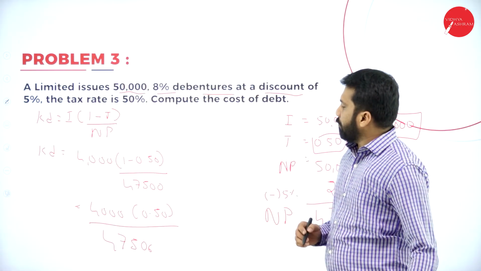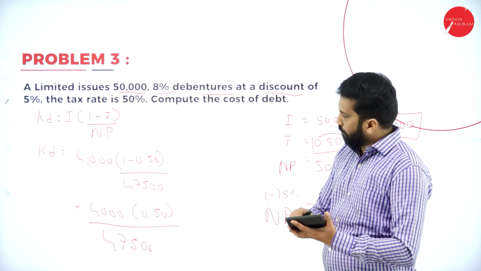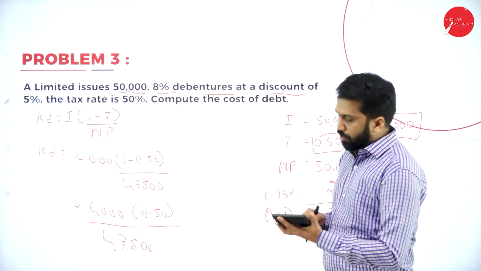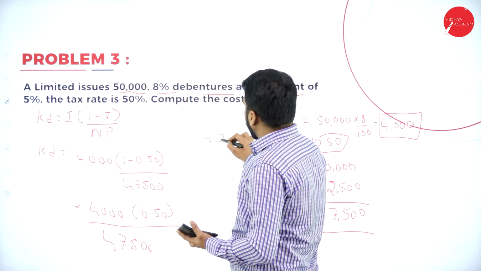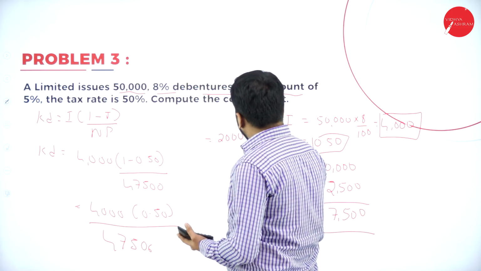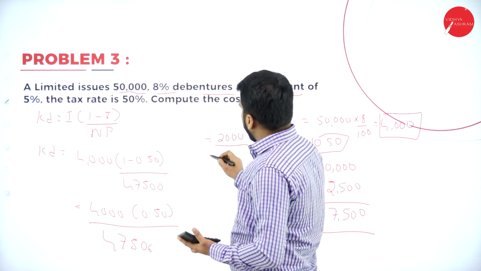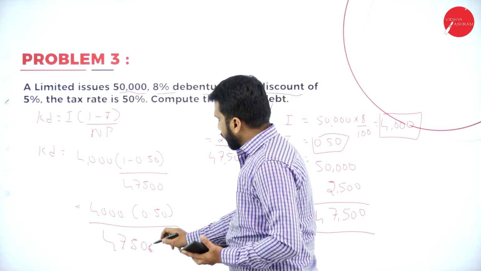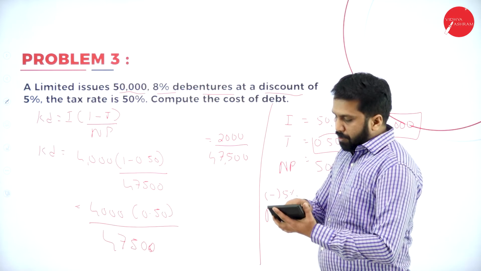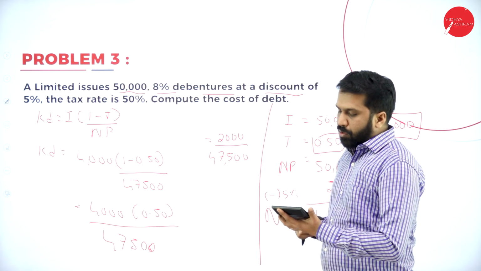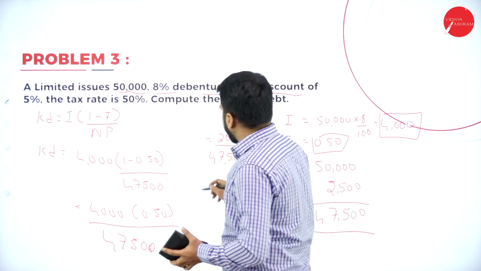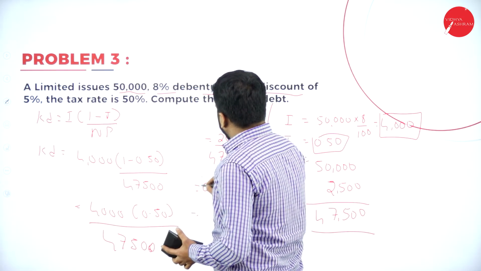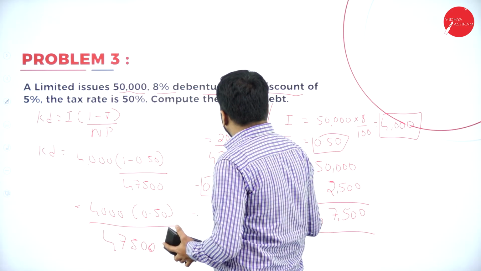Now still we simplify this. How much is it? 4,000 multiplied with 0.50. How much did you get? You got around 2,000. 2,000 divided by 47,500, you got 0.042. 0.042 multiplied with 100.